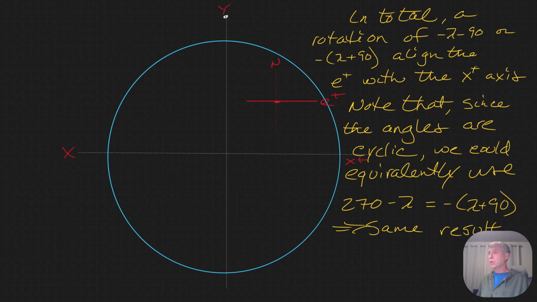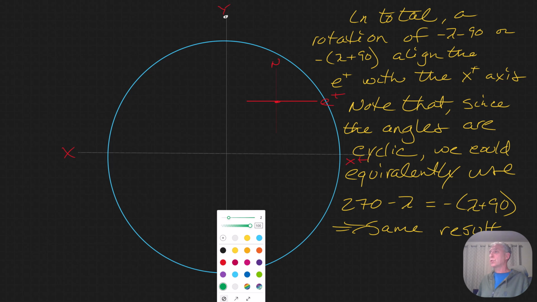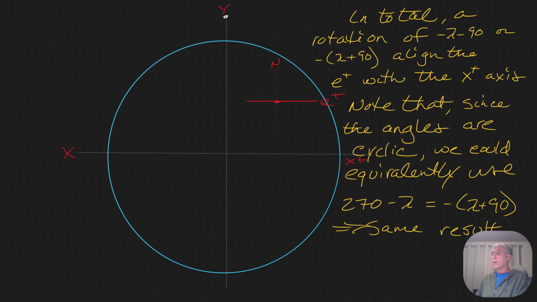The last thing we need to do is to translate. And what do we need to translate by? Well, we need to translate so that the axes are coincident with each other. So that is this amount here, and that is t. That's our translation vector, right?